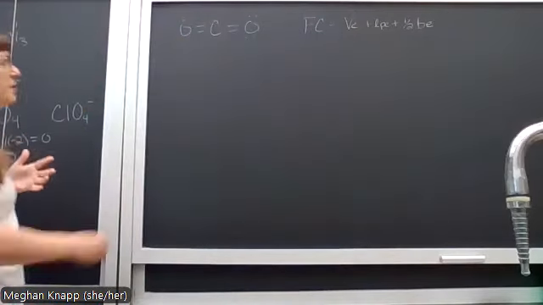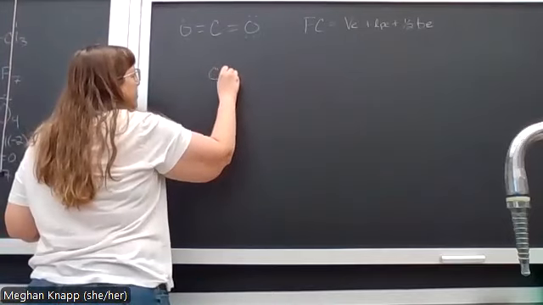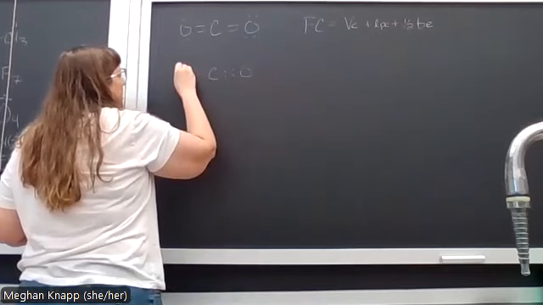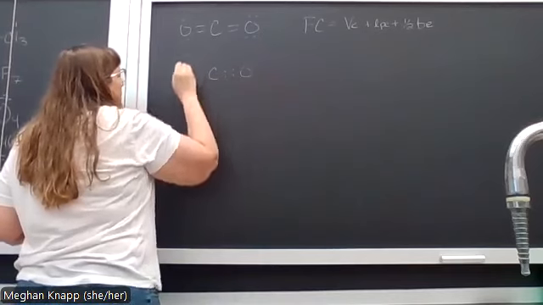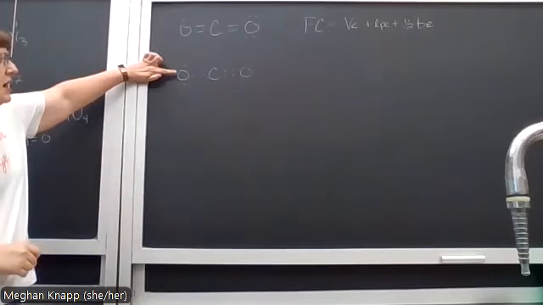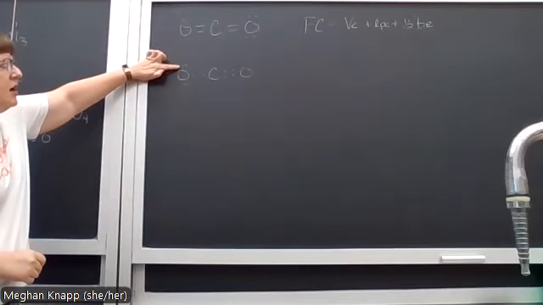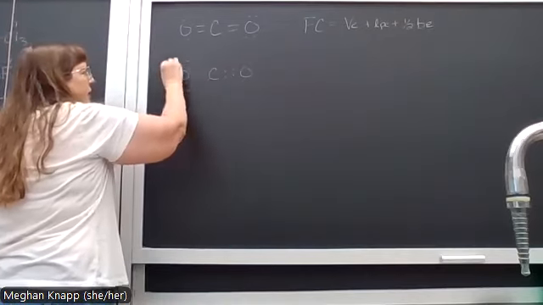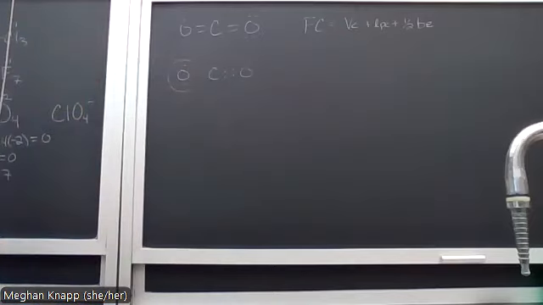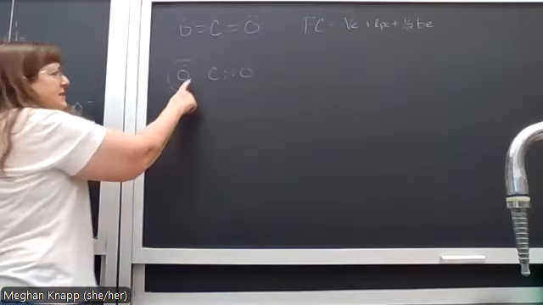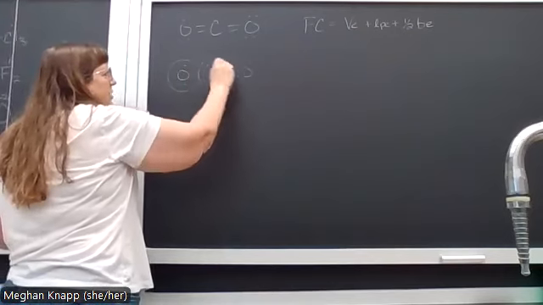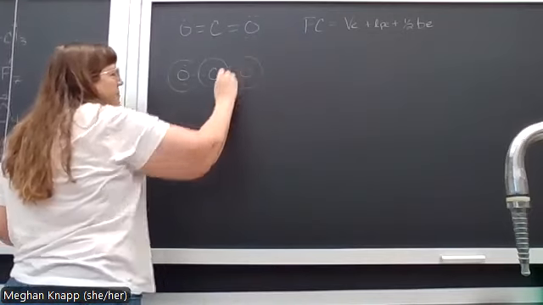Okay, so if we think about what that means, if I draw this with dots, what we're saying is this oxygen gets to count all of the lone pairs and half of those bonding electrons. And so we're saying these electrons that are between here are shared equally between the 2 atoms.